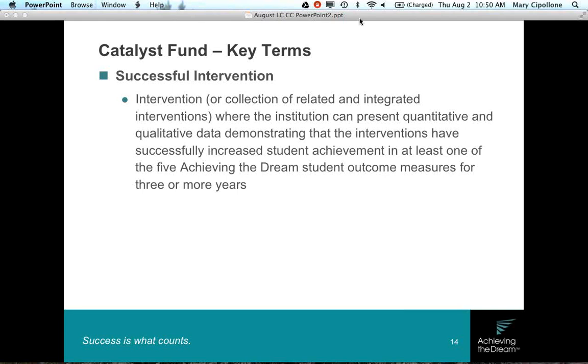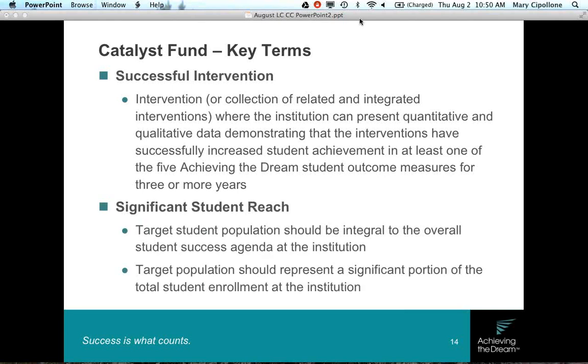Another key term that I'd like to address is significant student reach. This is the term that Achieving the Dream is using in regards to the population that the intervention or group of interventions serves. We want to be sure that the target population of the intervention to be scaled is a population that's integral to the overall student success agenda at the college.